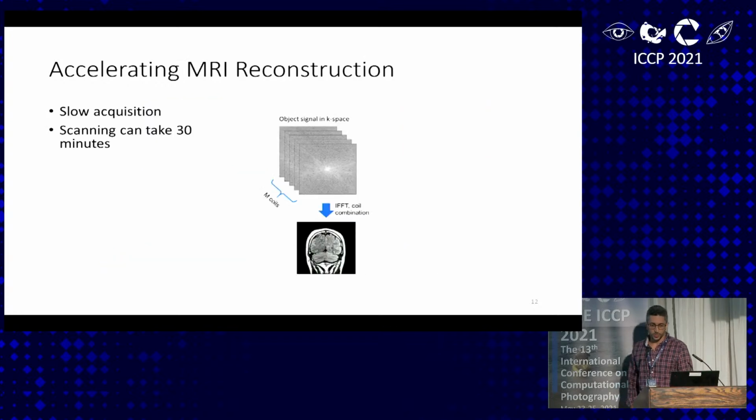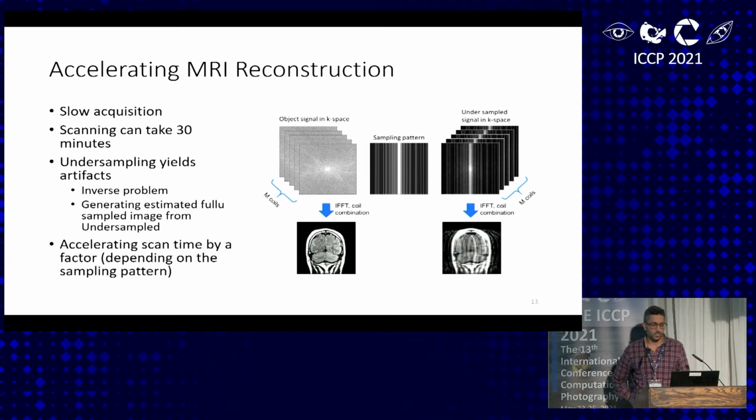I would like to switch now to a different application of accelerating MRI reconstructions, which was recently revolutionized by deep neural networks. In MRI scanning, data acquisition is inherently slow and sometimes requires 30 minutes for a full brain scan. Recent work suggests accelerating the MRI scan time by undersampling the k-space data.